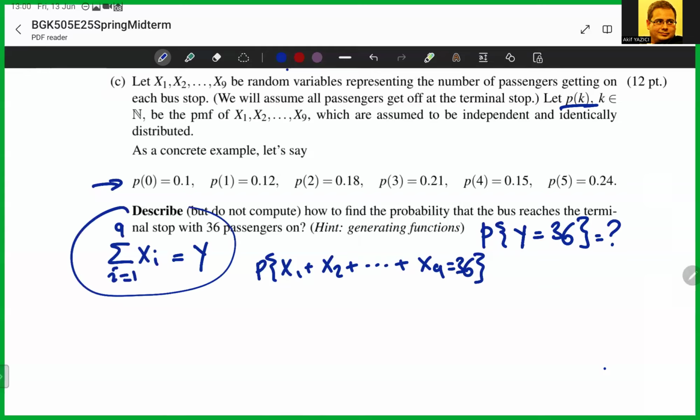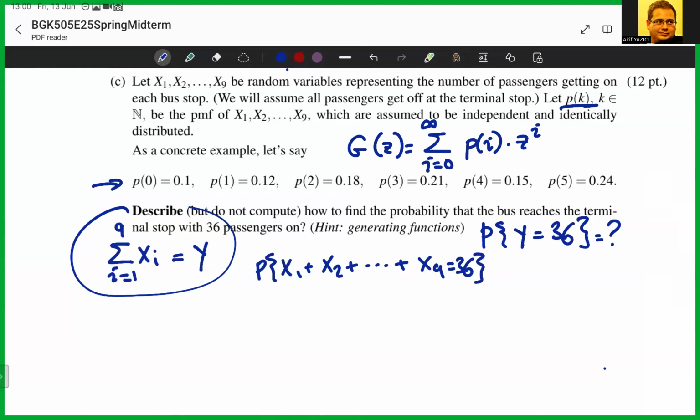So remember, if I write the generating function, let's say g of z as the sum of i from 0 to infinity of P of i times z to the power i, that's the generating function of each of these distributions.